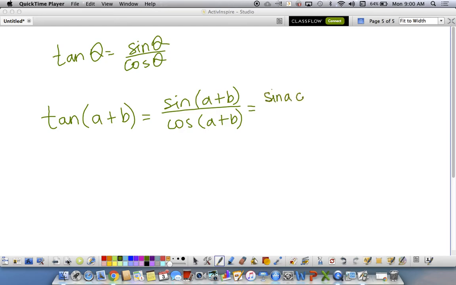Sine A cos B plus sine B cos A. Okay, that's all your numerator. What about your denominator? We're just writing the formulas we know. Cosine A, cosine B, minus sine A sine B.